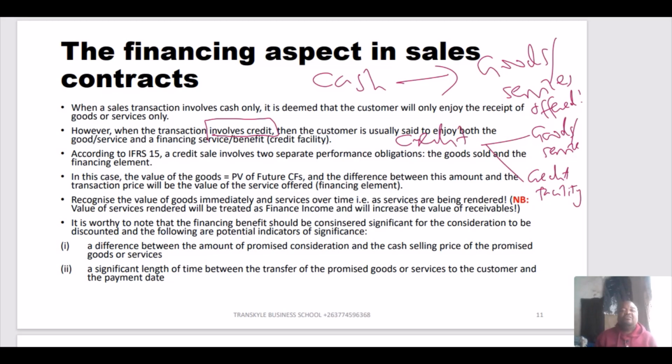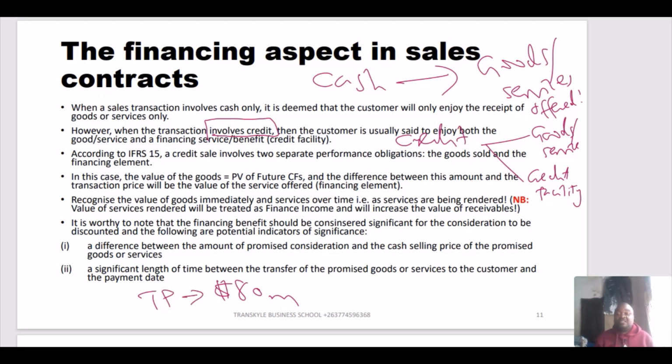So if the credit is such a significant issue, then the price of the goods which this customer is going to enjoy in a credit transaction is going to be in present value terms. Suppose you give a customer goods worth 8 million. That was the transaction price.